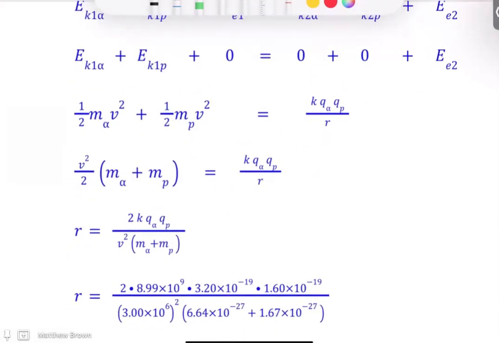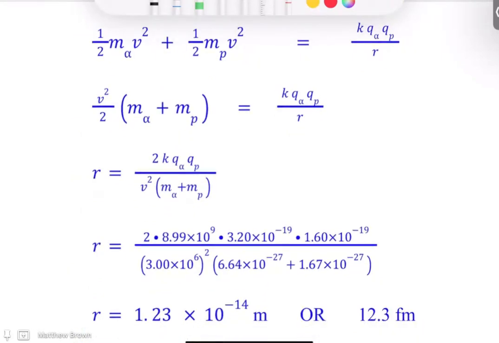Underneath, all I did here was factor out, because the V's are the same and the 1/2 is in both terms. I just factored the V squared over 2 out, and that leaves me with just the sum of the two masses on the other side.